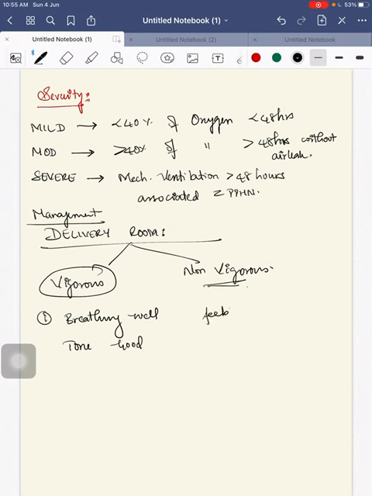In a non-vigorous child, there will be feeble breathing with low tone. So a vigorous child only needs observation. In a non-vigorous child, you should do the resuscitation according to the NRP guidelines.